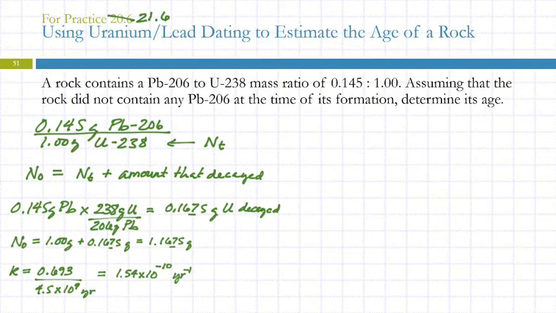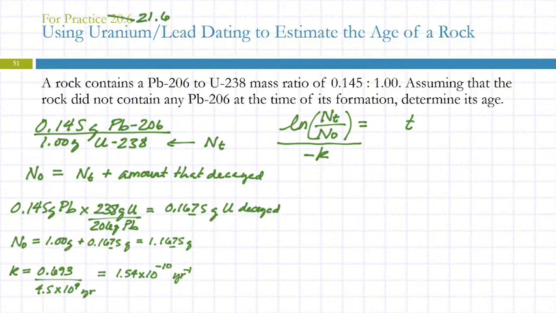And now we can use the equation natural log of NT over N0 is equal to negative KT. So if we're trying to find T, we just need to divide by negative K, and that's the age.